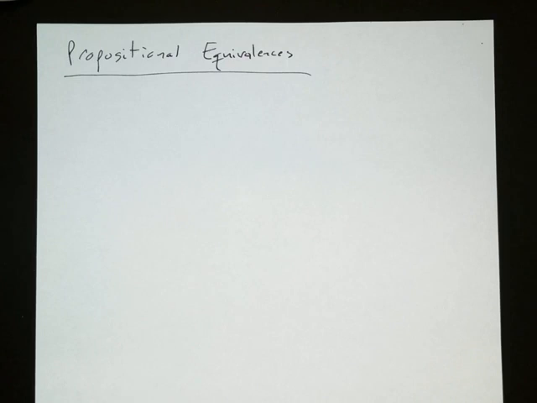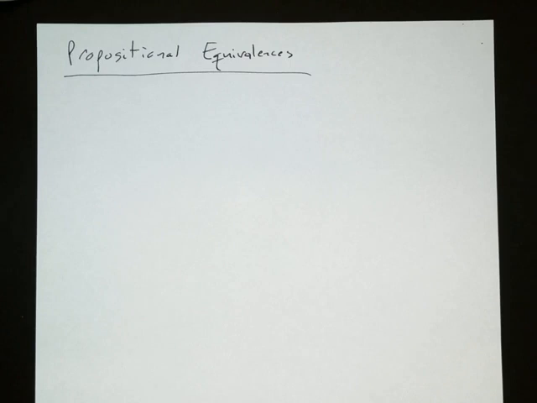Okay. I would like to know when two distinct propositions mean the same thing. We've already seen this in our discussion of converse and inverse and contrapositive in the original conditional statement.